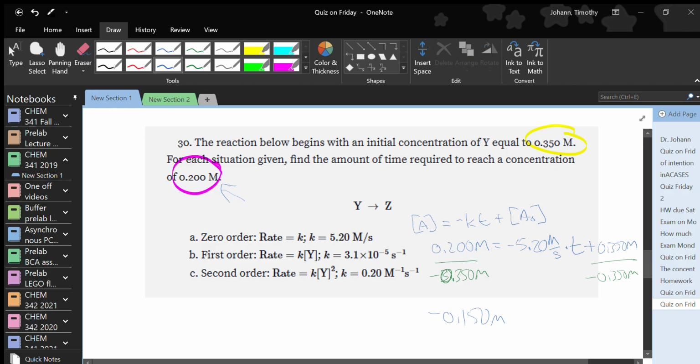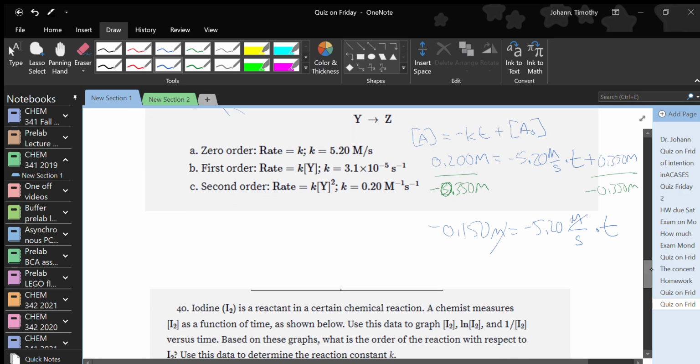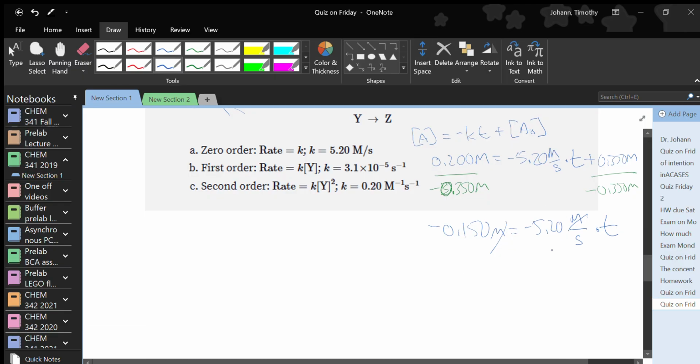You guys can check that with me. Is equal to negative 5.2 molar per second times time. I've got molar on this side, molar on that side, so I'll just go ahead and cancel them. It's going to give me time in seconds.